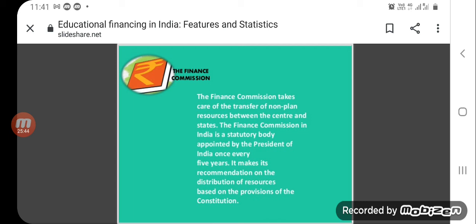After that, they will advise the government to provide some financial aid. This is the procedure. So the Finance Commission deals with the non-planned expenditure.